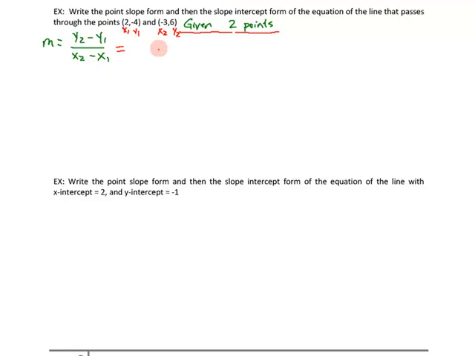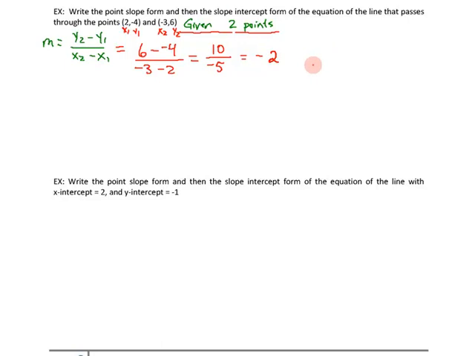But if I plug these in, I'm going to have 6 minus a minus 4 divided by negative 3 minus 2. That gives me 10, because 6 minus a minus 4 is 6 plus 4, divided by negative 5, which is negative 2. Okay? Now I have point and slope.